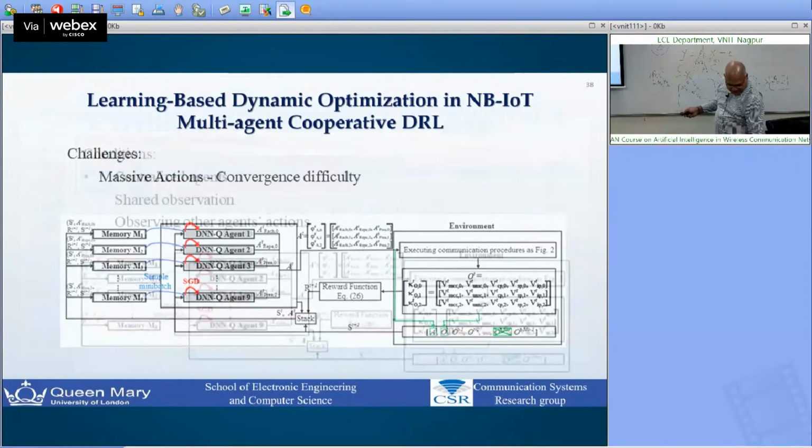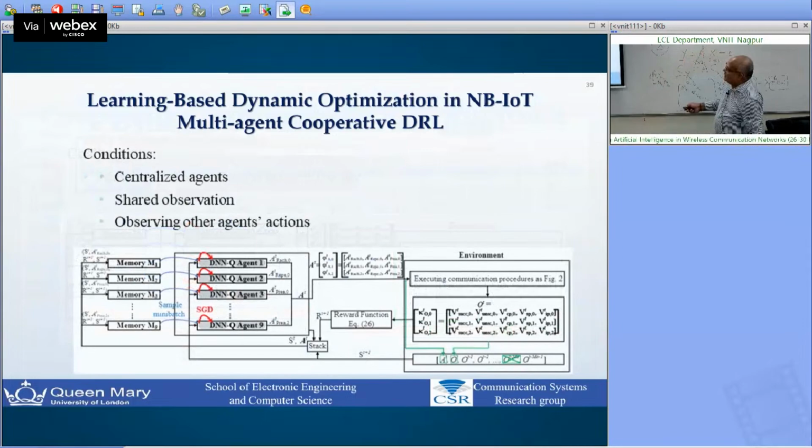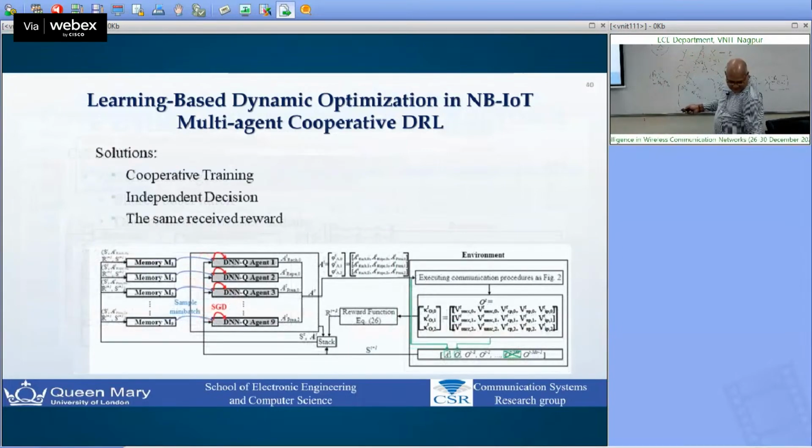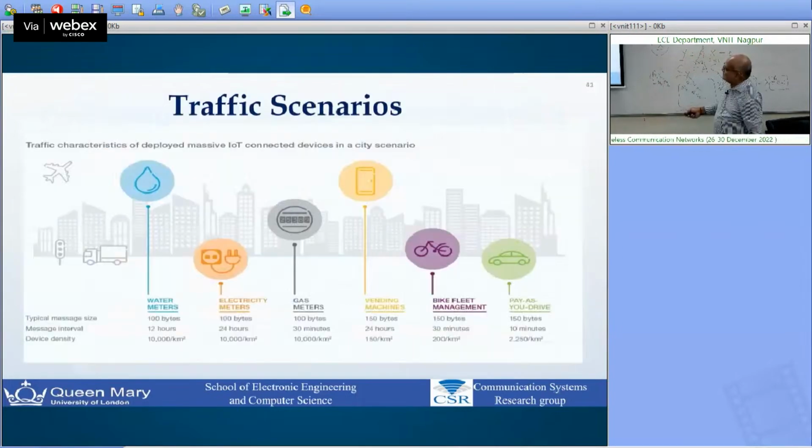Now we are going to see the traffic modeling. Random access opportunity: how many times can one device be allowed to try again and again?